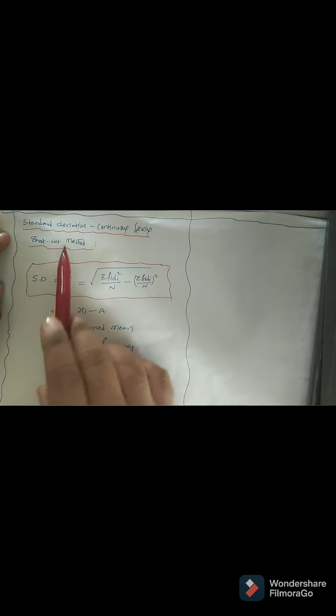So this is the formula for calculation of standard deviation in the continuous series by the shortcut method. Now all of you carefully observe, instead of d dash, what we did previously, we are applying di. So what is di or deviation? How to get it? xi minus a. What is a? Any assumed mean value.